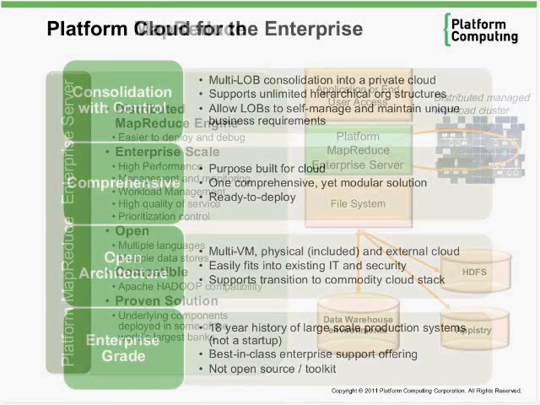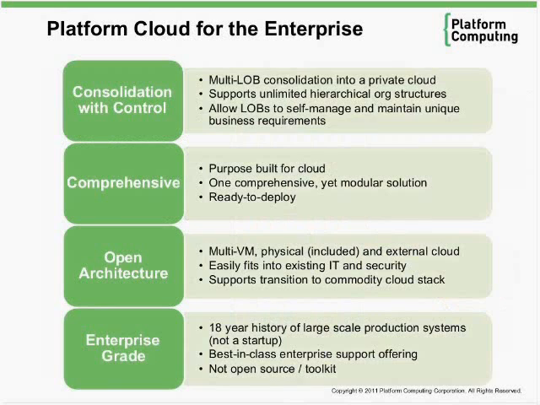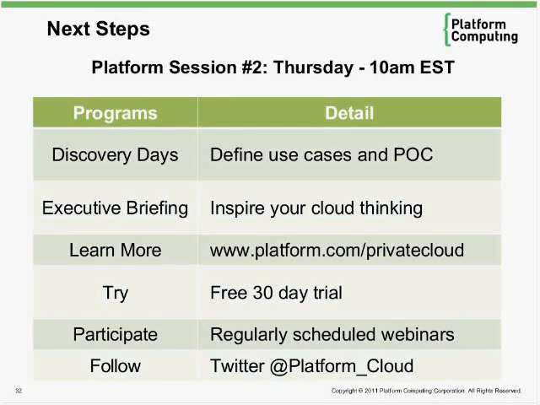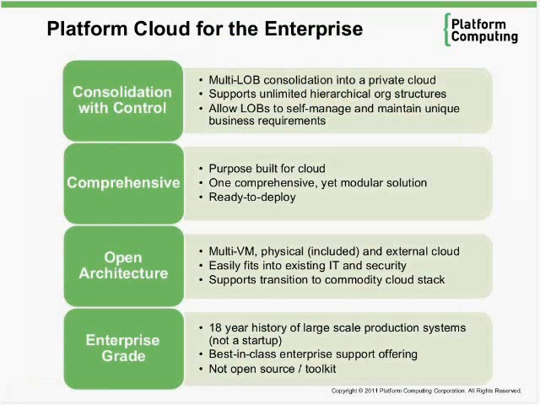So I will skip Platform MapReduce and summarize this conversation by telling you first what we found to be critical in the cloud. That is the consolidation, still maintaining control, right? To make sure that the cloud environment is comprehensive and the management software is purpose-built for cloud so that it's not constrained from the legacy technologies point of view.